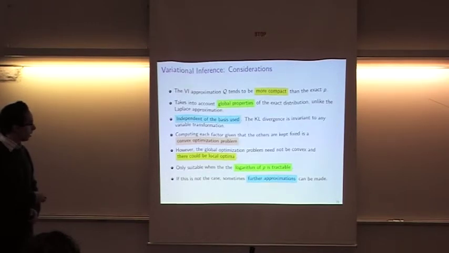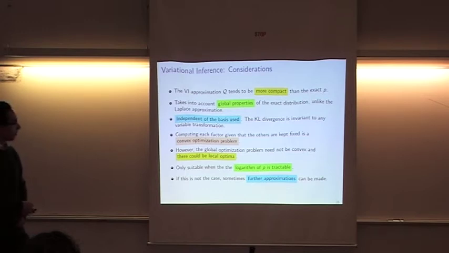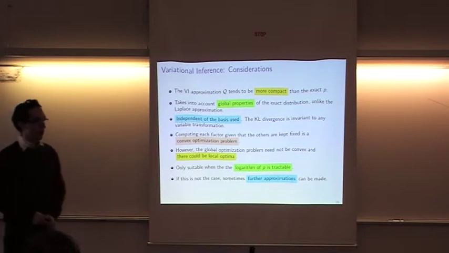And this method will only work if we can compute these expectations of the logarithm of the joint. If this is not the case, we will have to introduce further approximations, like additional lower bounds on the individual factors. So that's it regarding variational inference.